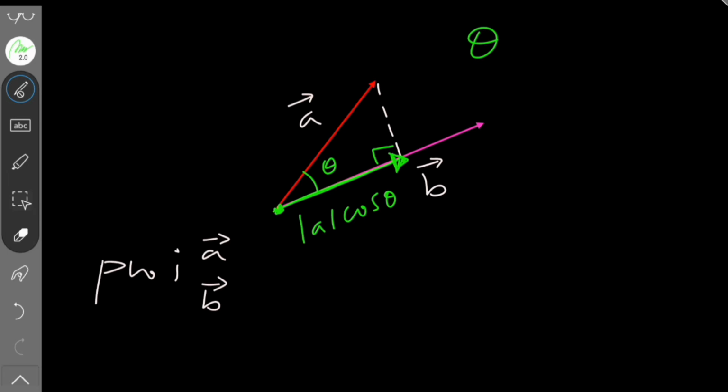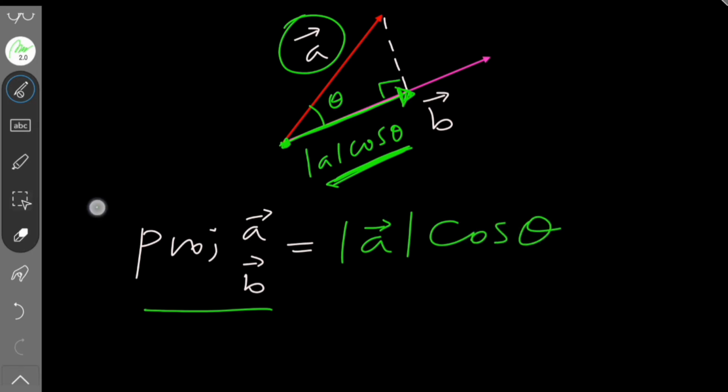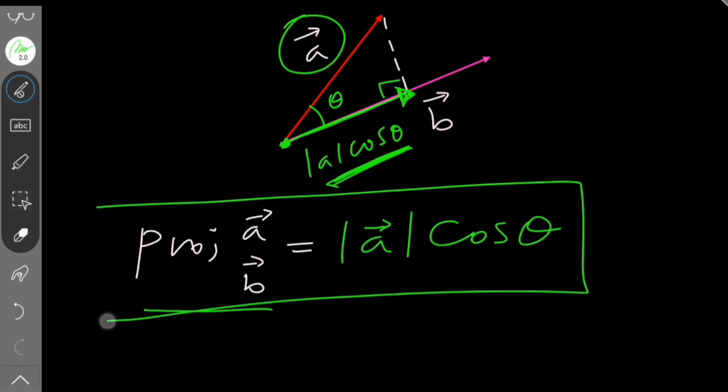Theta is the angle between a and b. Then based on this form, we can find the component of vector a in the direction of b. So, based on the idea we saw, the projection of vector a on vector b is magnitude of vector a times cos theta. Okay, this is the main point.